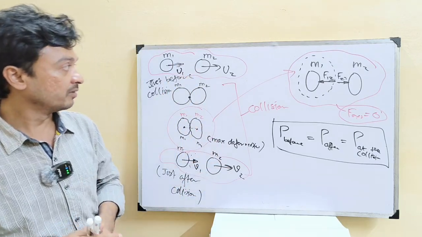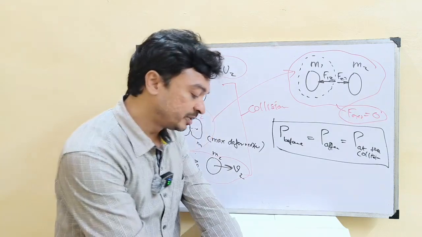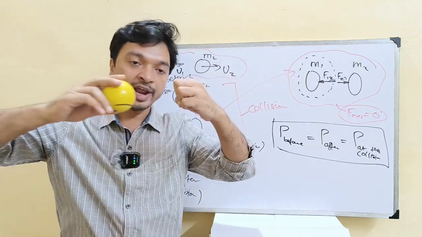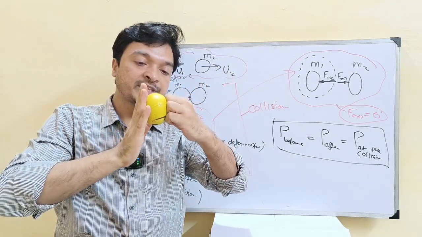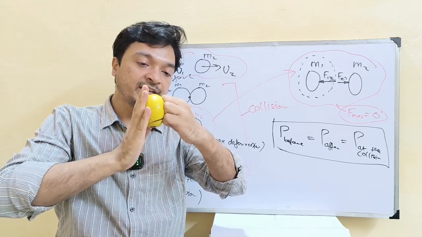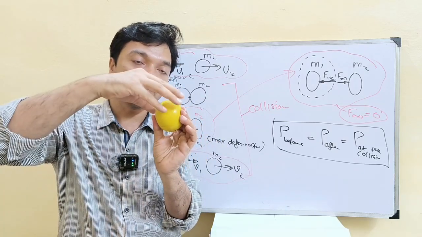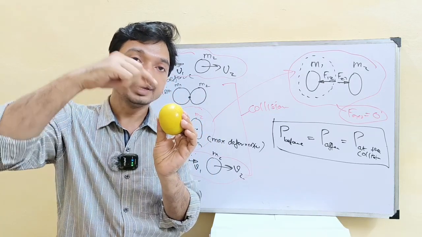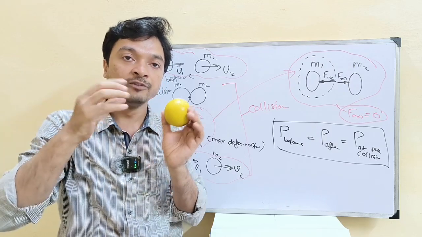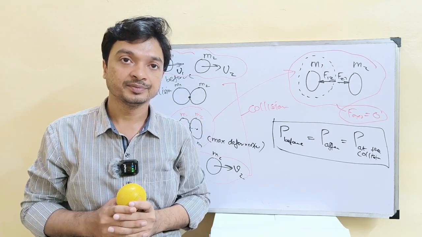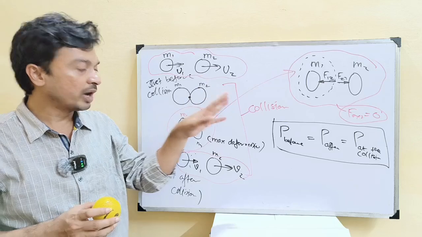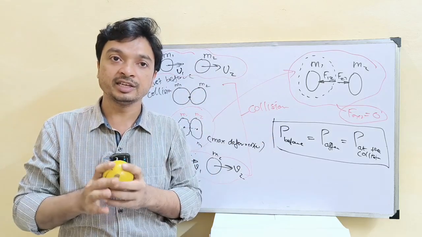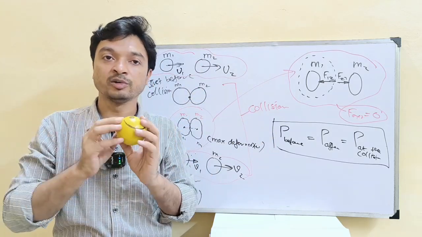Now let's see what happens when both the objects are colliding. There is a shape change. If there is a shape change, that means some energy is utilized in deforming this body. From where will this energy come? You are not supplying any external energy. No external forces are acting on the system.